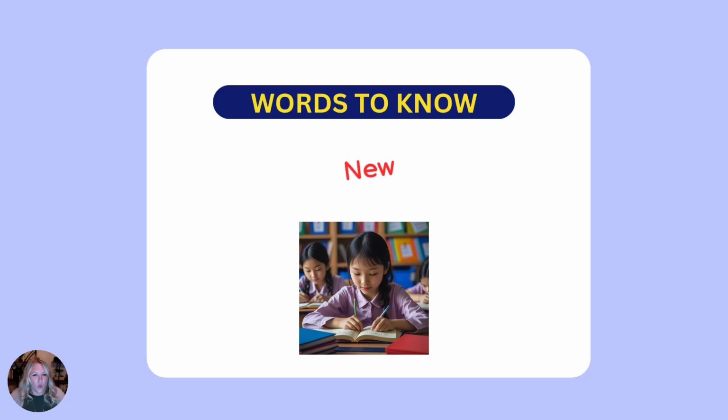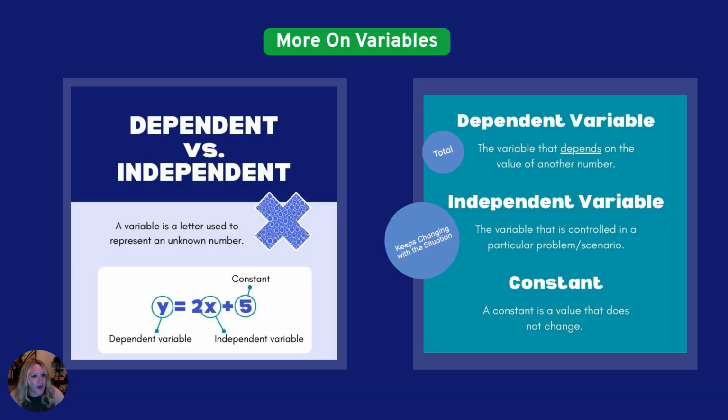Now, some new words to know from our lesson today: dependent variable and independent variable. Again, a variable is a letter used to represent an unknown number. Here we have a dependent variable, that's the y here. The dependent variable is usually the total, the variable that depends on the value of another number.